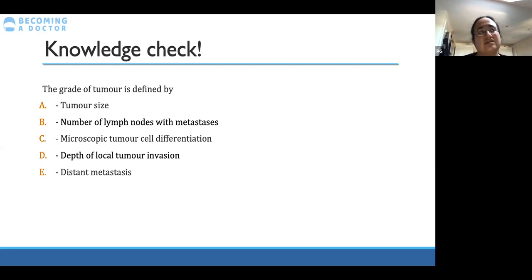When I teach even postgraduates, I ask what grade of tumour this is, and they get back the other aspects of the tumour, rather than what it is. It means they've not fully understood what the difference is, and it does make a difference.